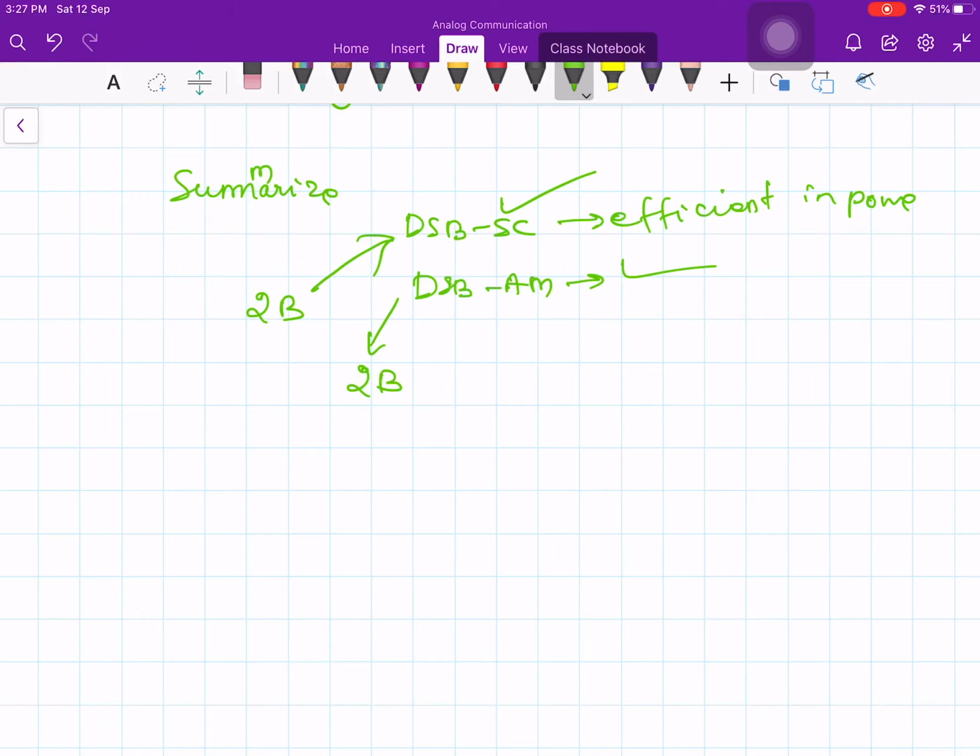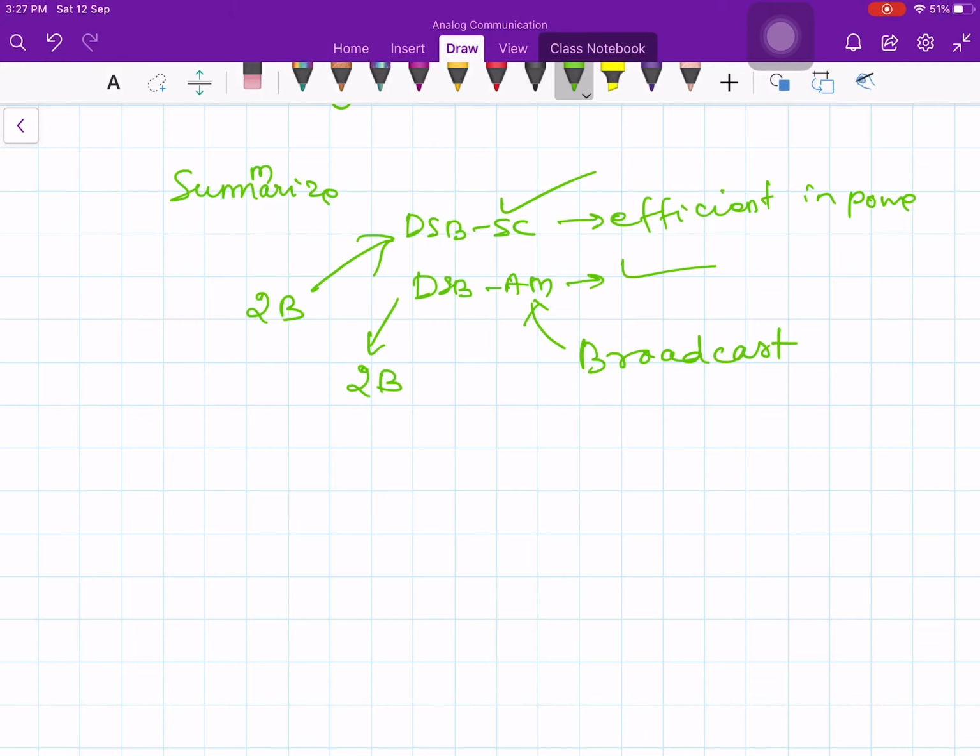Okay, we have said that in some situations we will be ready to sacrifice power efficiency for an economical receiver point of view. So when you want to do that, like in broadcast applications, you can choose DSBAM with carrier.